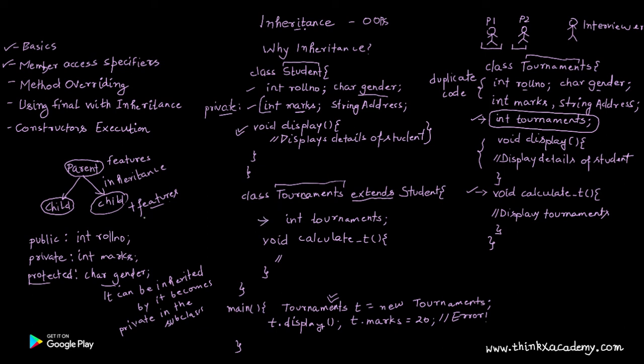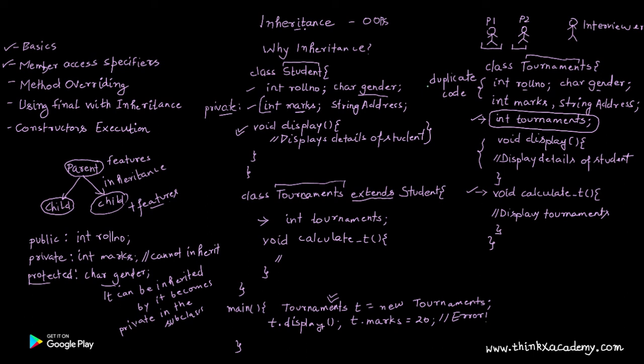You cannot inherit the private members. So these are the public, private and protected member access specifiers.